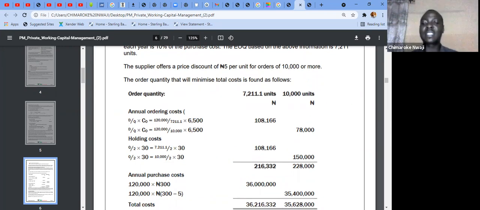So you see now that buying at discount gives you a lesser total cost than buying at the EOQ. So you see here, it's just like comparing somebody buying 10 gig for 3,000 for 1 month, and when the person finishes it, by the time he spends 40 gig, that means he would have made 4 orders. 3,000 times 4, you would have spent 12,000 naira.